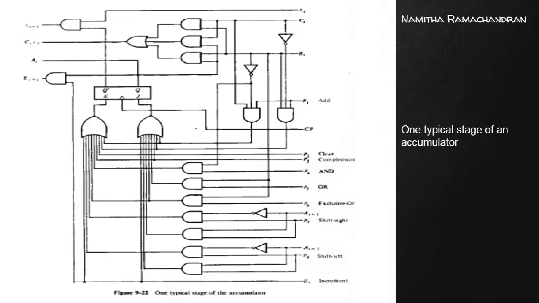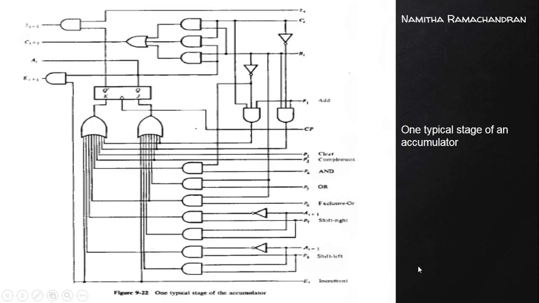Next one is Bi P5. This is given to this OR gate. Next term is Bi P6. Bi P5 and Bi P6 are related to logical operation.